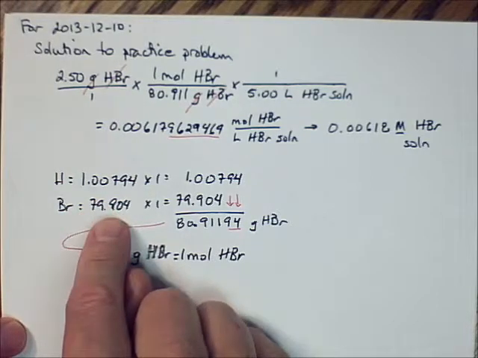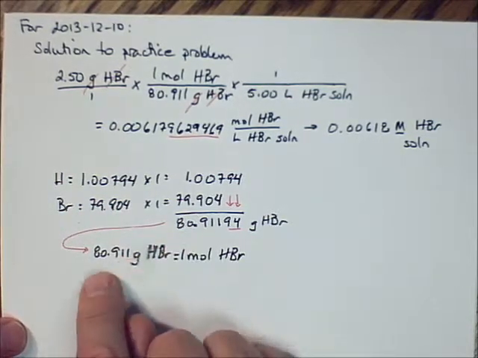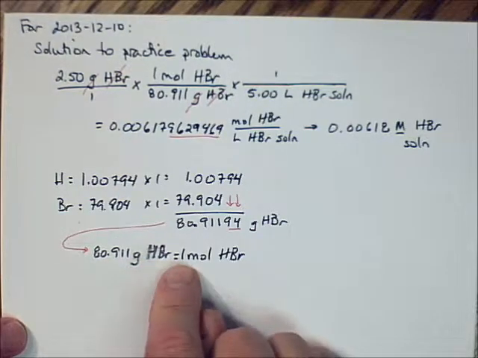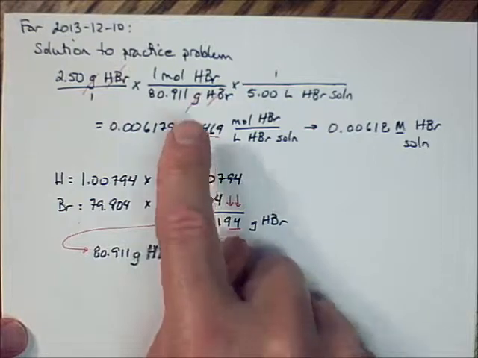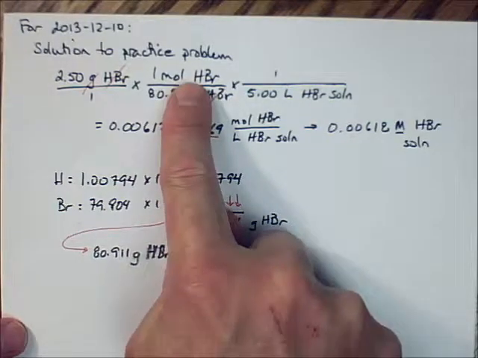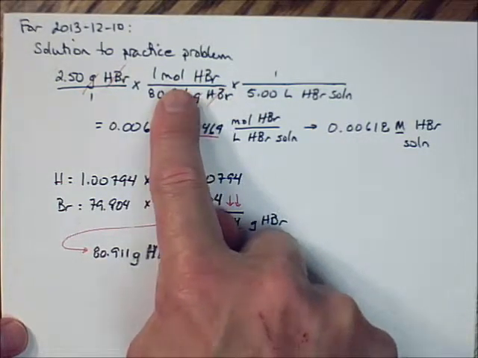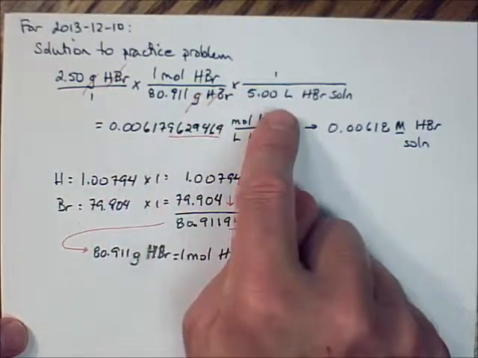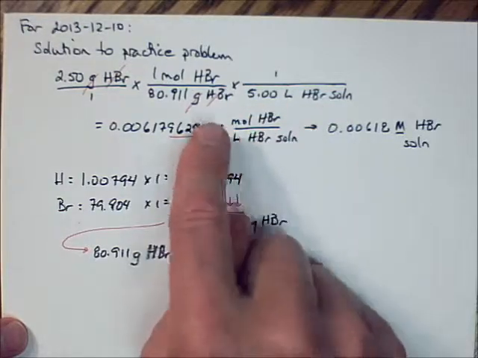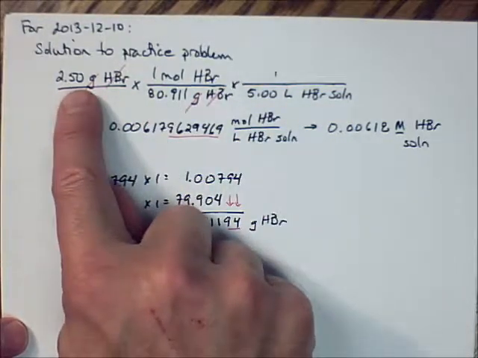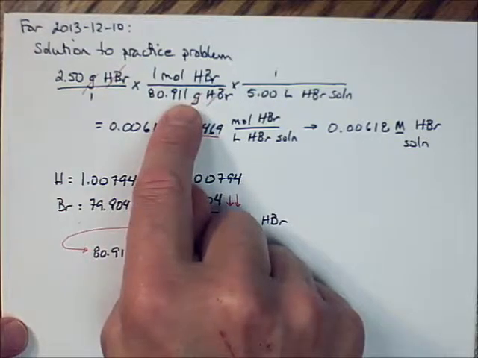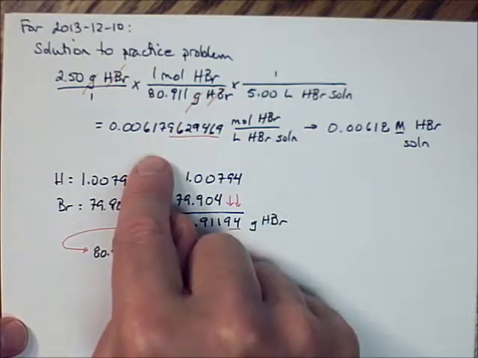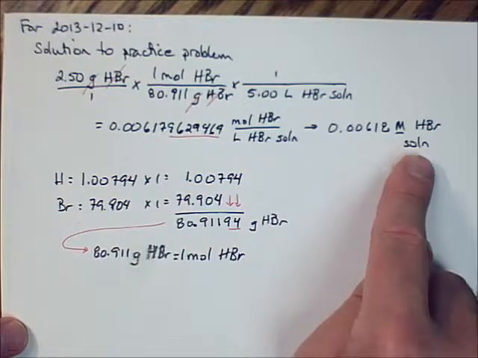You find the molar mass of hydrobromic acid, which is 80.911 grams HBr, which you set equal to 1 mole of HBr. Build your molar mass ratio here to get to moles. Cancel grams of HBr. And then you put that over the volume of the solution, which is 5 liters. And when you do the math properly, this divided by this, hit equals on your calculator, then hit divide by this, and equals again to get this answer. And you should get this solution.